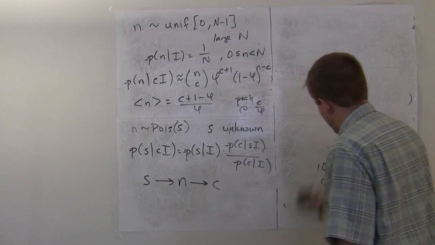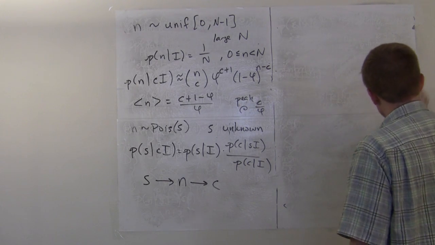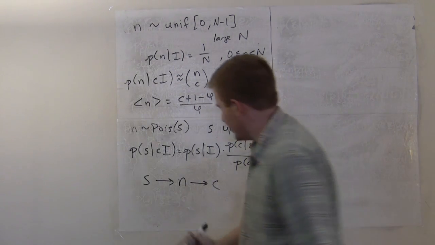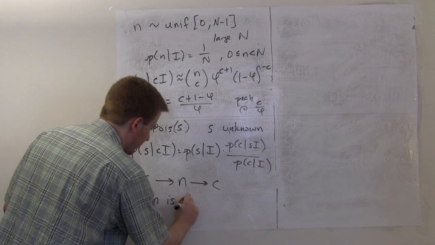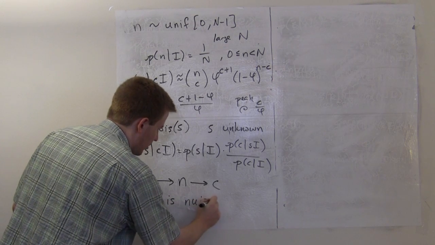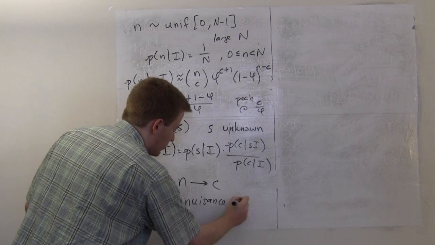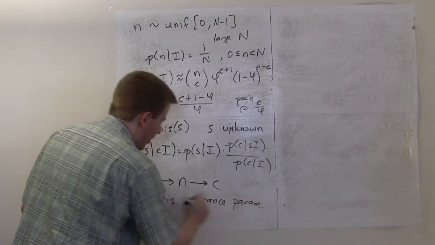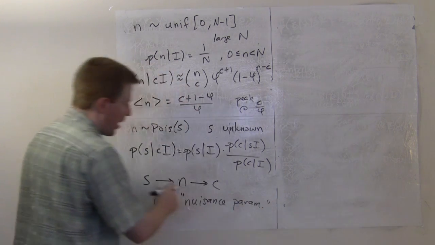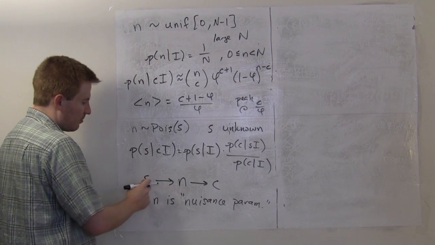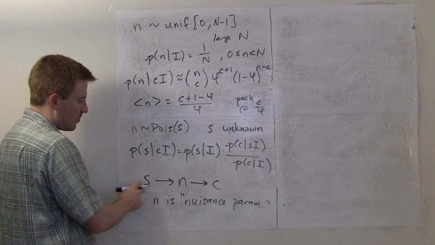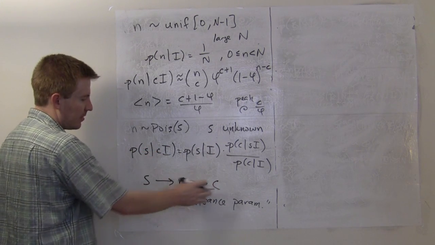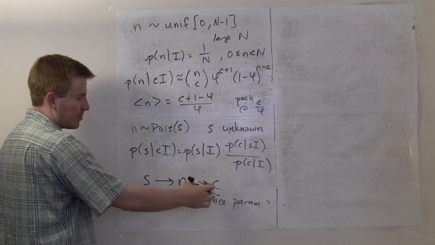But when this happens, n is what's called a nuisance parameter, because it's getting in the way of our connection between the parameter we actually care about, the source strength that we're trying to estimate, and the data, which is what we're going to observe.